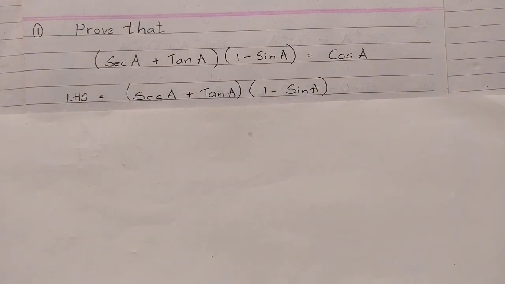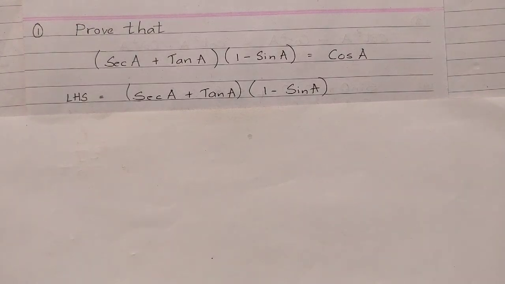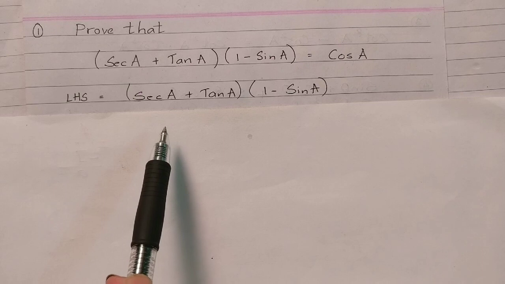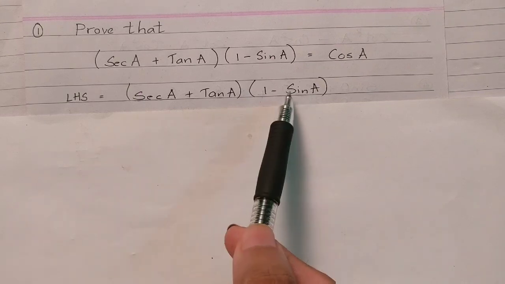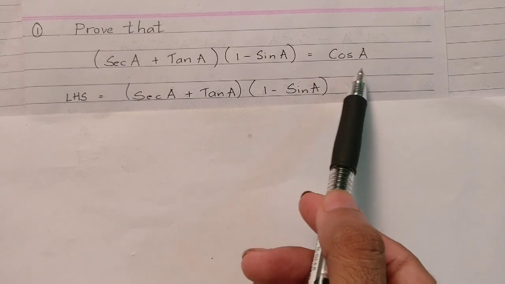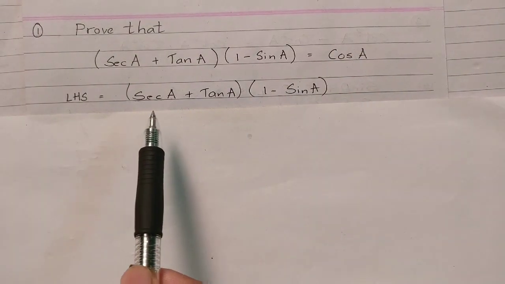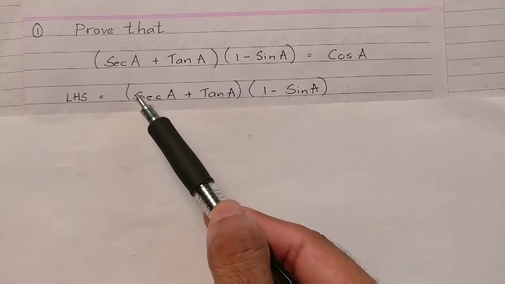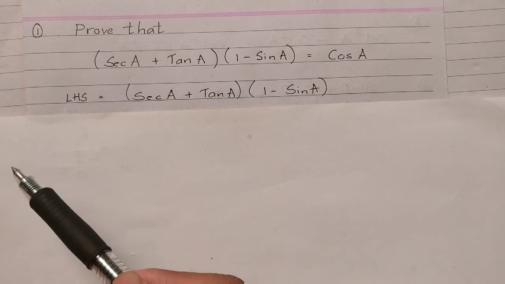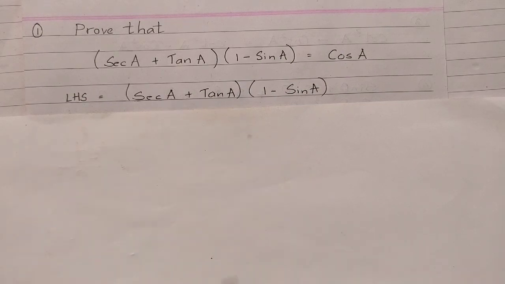Alright, so next thing I will do is, if I look, I have sec A, tan A and sine A, but in the right hand side what I need to get is cos. So a better way to solve this would be changing this sec A and writing in terms of sine and cos, changing this tan and writing in terms of sine and cos.